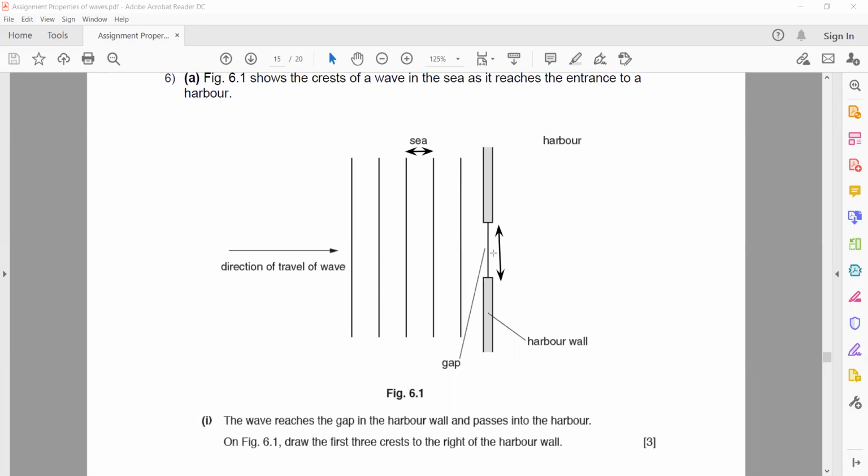Here, as you can see, the gap size is larger than the wavelength, so it means small diffraction. How to represent a small diffraction? This is how we represent small diffraction, meaning the wave spreads out less. If it's more diffraction, then we will represent it by a curve.